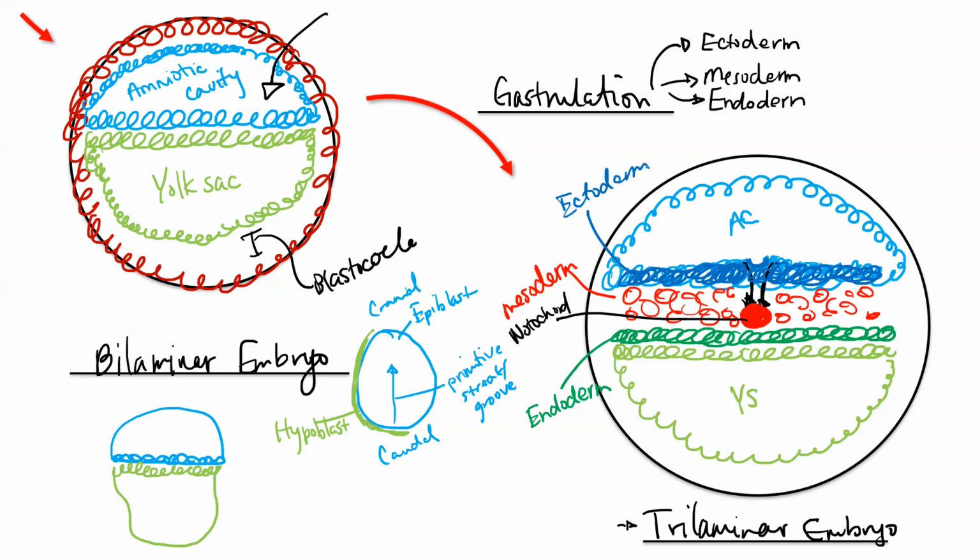So that's gastrulation and how we create our 3 layers of our trilaminar embryo. Yes, you still have your trophoblast out here. If you're worried about it, there's the trophoblast layer going all around, okay?